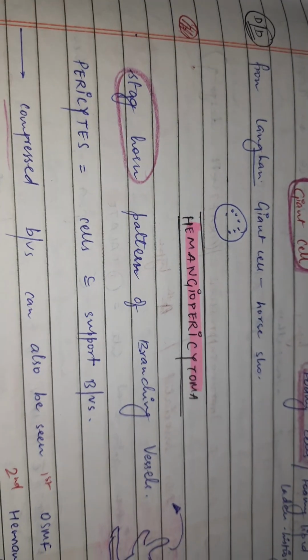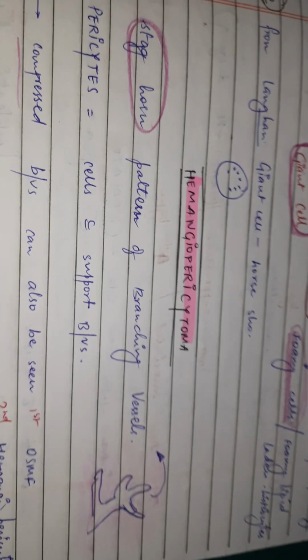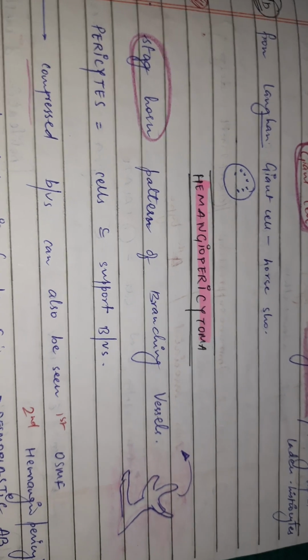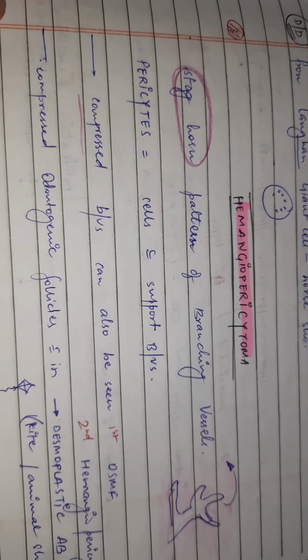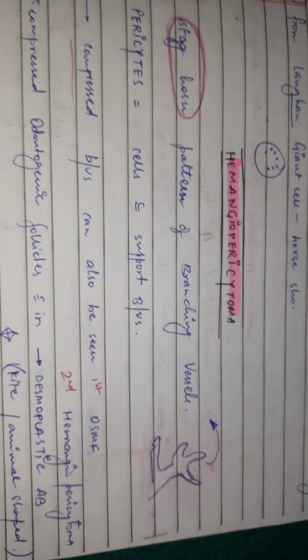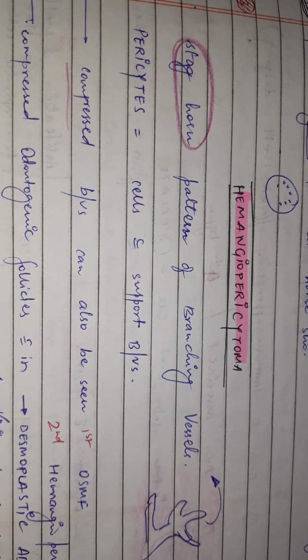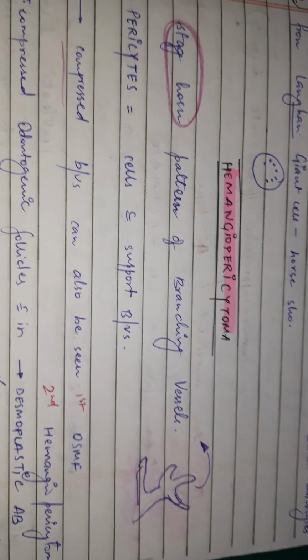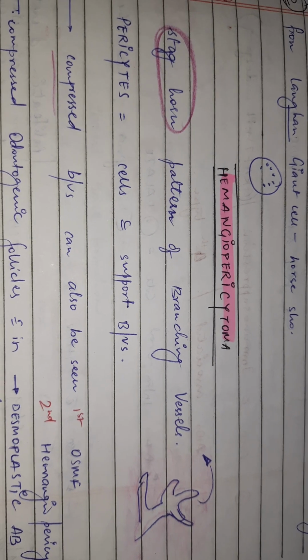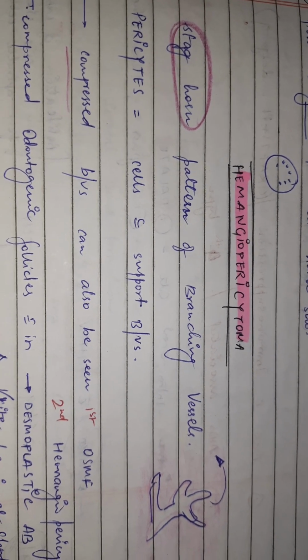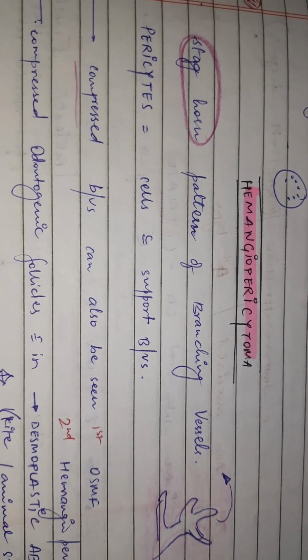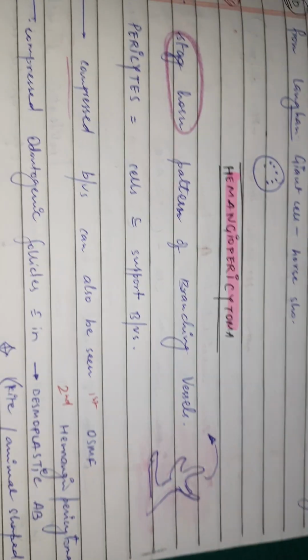Then hemangiopericytoma. It has a staghorn pattern of branching vessels. Pericytes are the cells which support blood vessels.